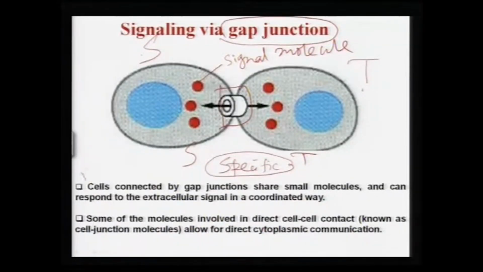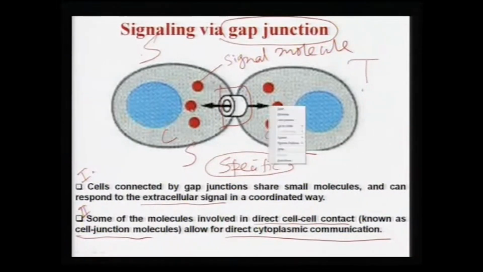Point number one is that cells connected by gap junctions share small molecules and can respond to the extracellular signal in a coordinated manner, through very direct cytoplasmic communication, like molecules in direct cell to cell contact. This is your cytoplasm, and this is your cytoplasm here. So these signal molecules, if transported between these in a reversible manner, can directly communicate to the cytoplasm.